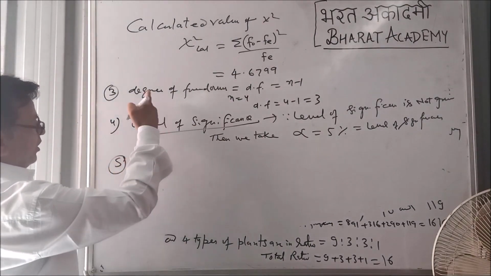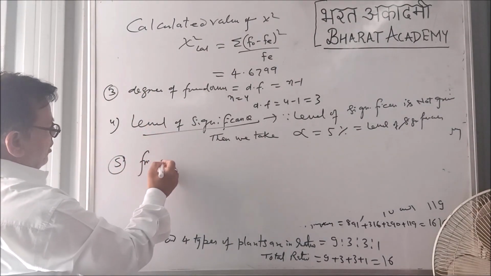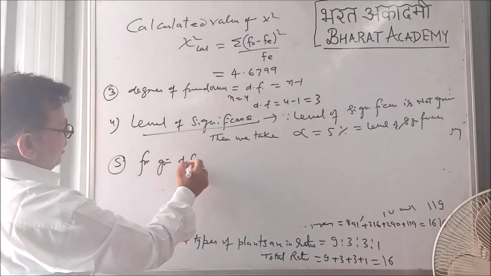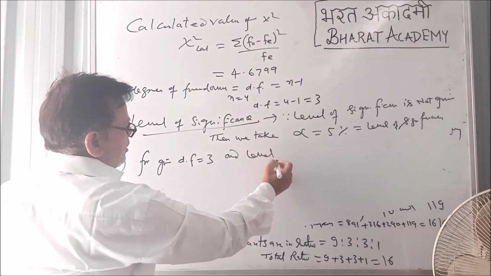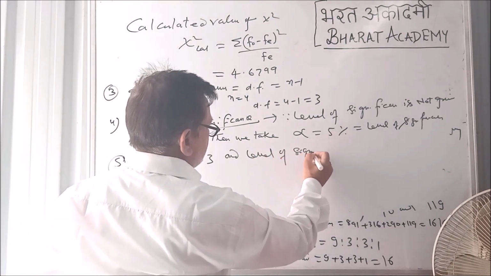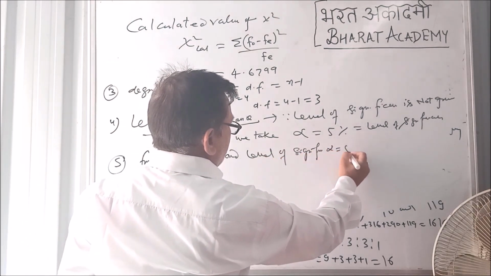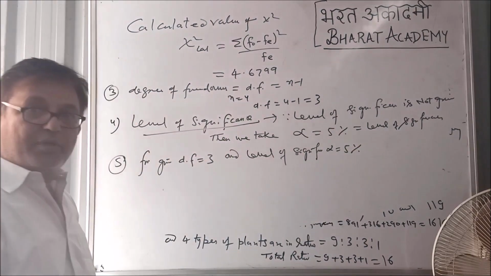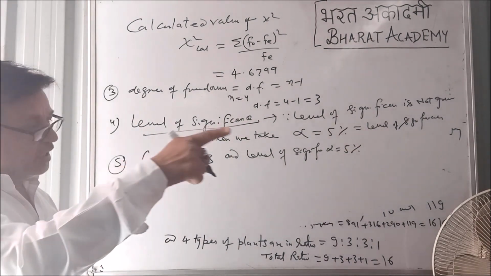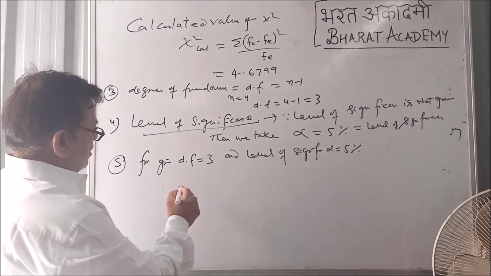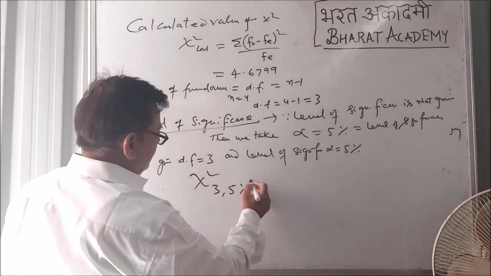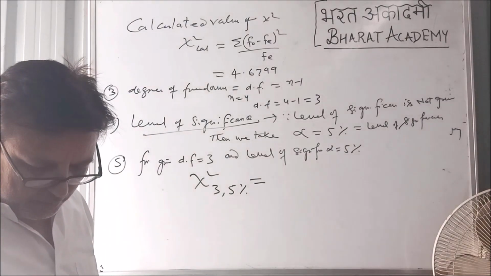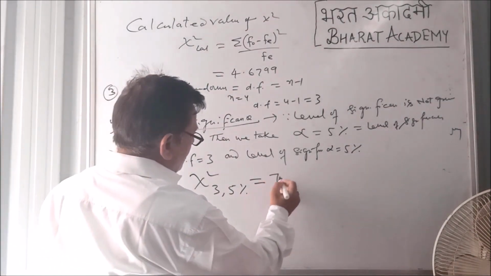Now what we do? Fifth step is for given degree of freedom, which is 3, and level of significance alpha, that is 5%. We find the value of chi-square from the chi-square table. This is chi-square at 3 degree of freedom and 5% of level of significance is given 7.80.